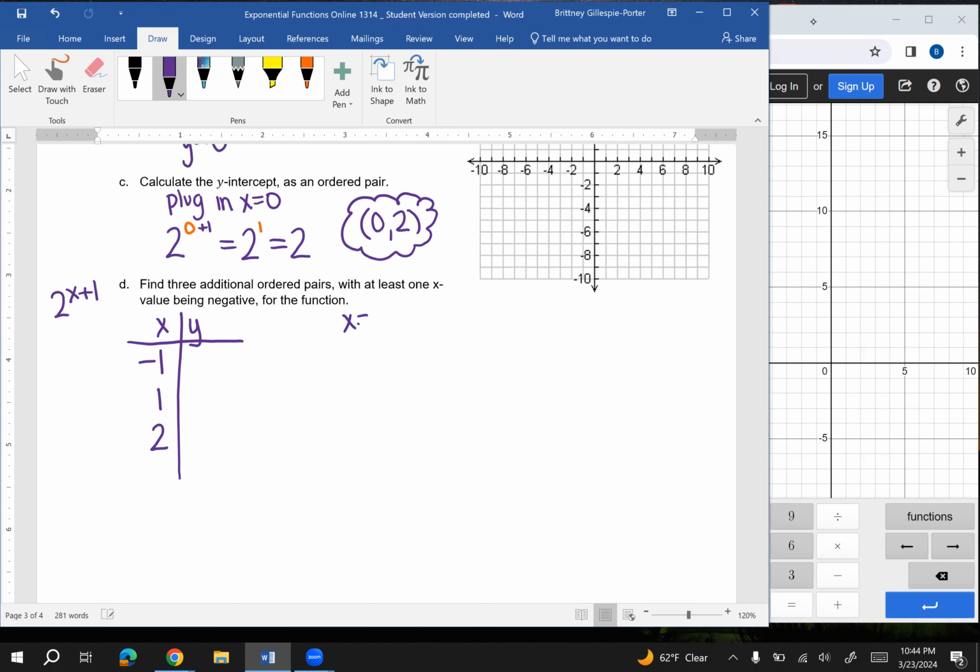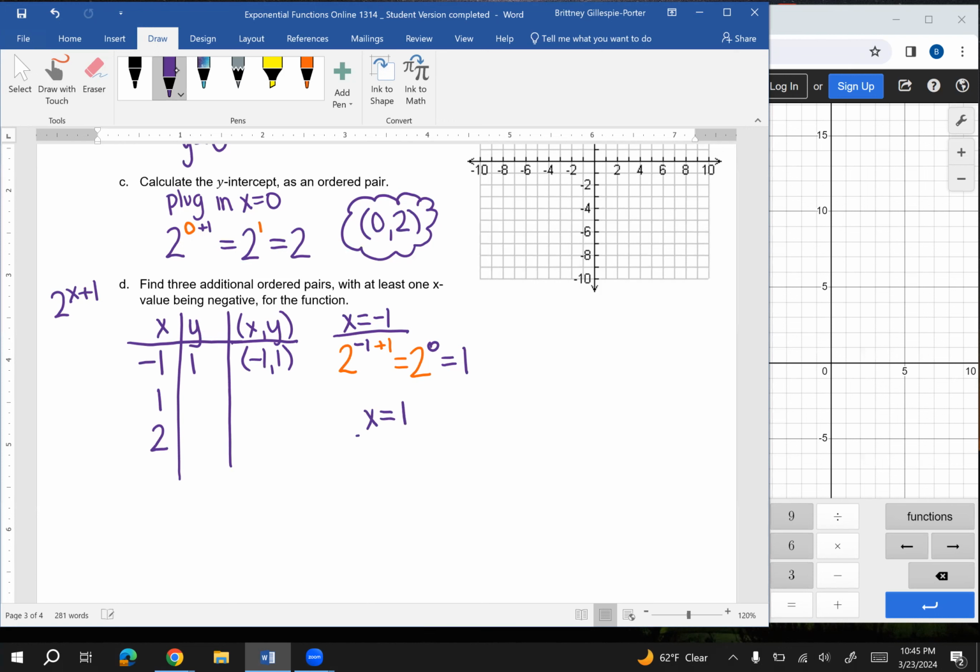For x equal to -1, we would have 2 to the -1 plus 1, which would get us 2 to the 0, which is 1. So the ordered pair we just found is (-1, 1).